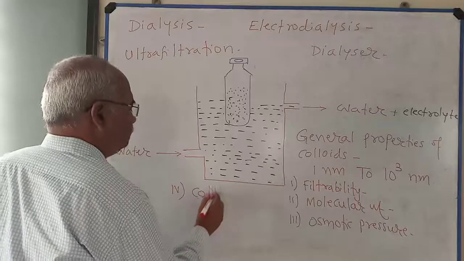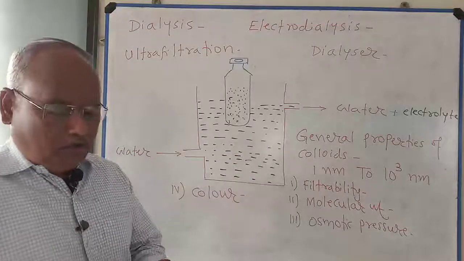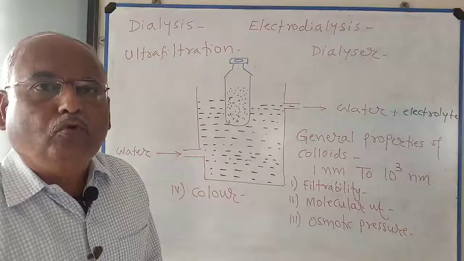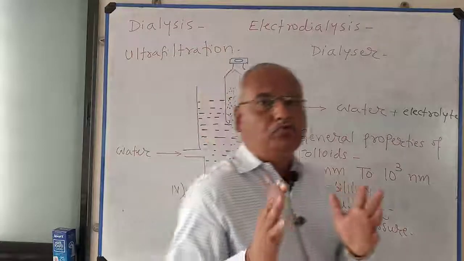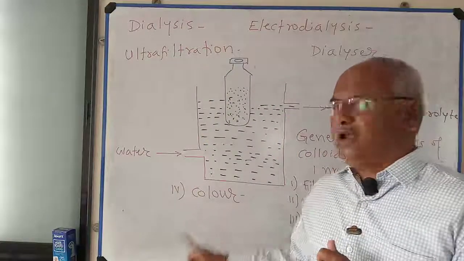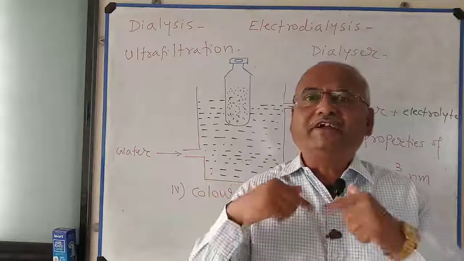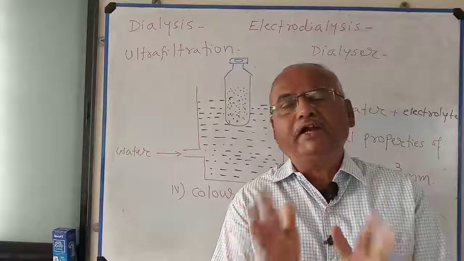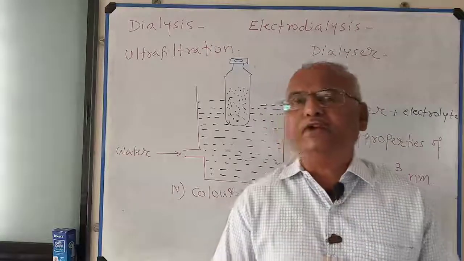After explaining this, I explain the fourth point, color of colloidal solution. You know that colloidal solutions are colored, and the color of the colloidal solution is due to scattering of light by colloidal particles.